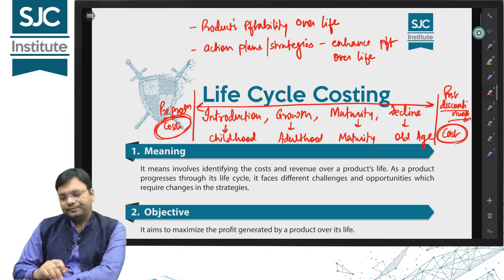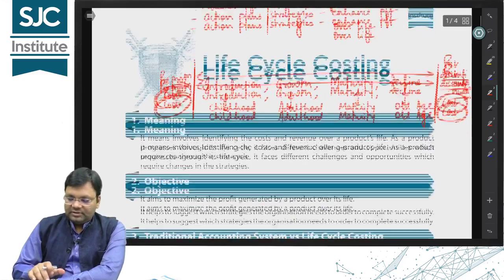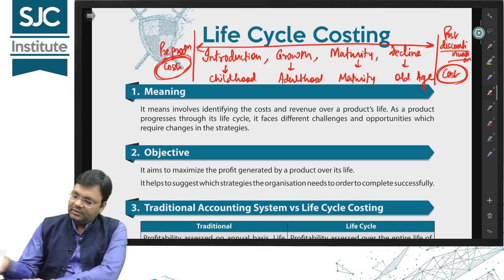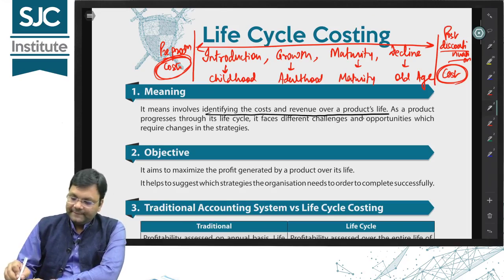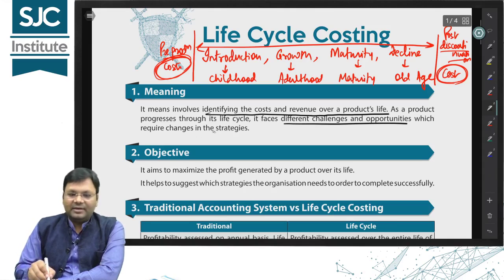Remember this much? So just go through again the meaning: identifying the cost and revenue over a product's life, and it also gives us an idea about different challenges and opportunities which require changes in the strategies.